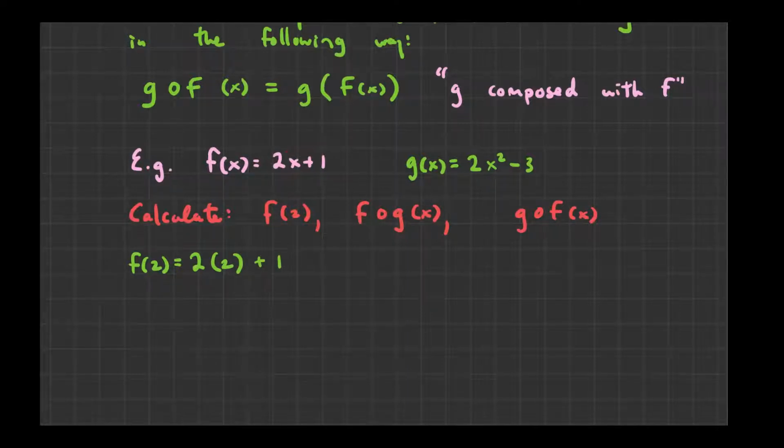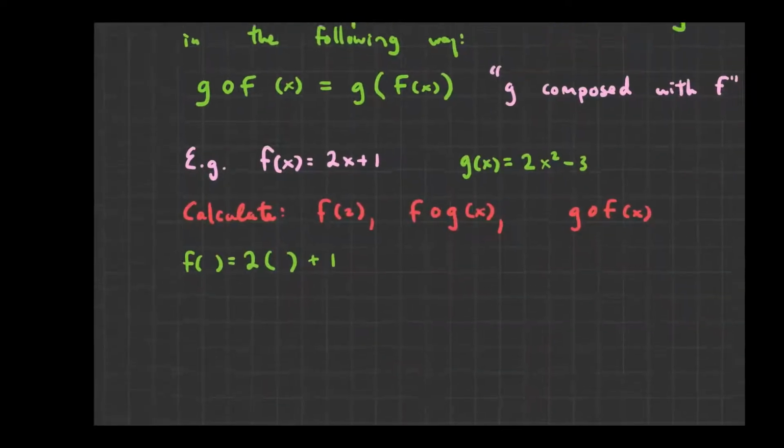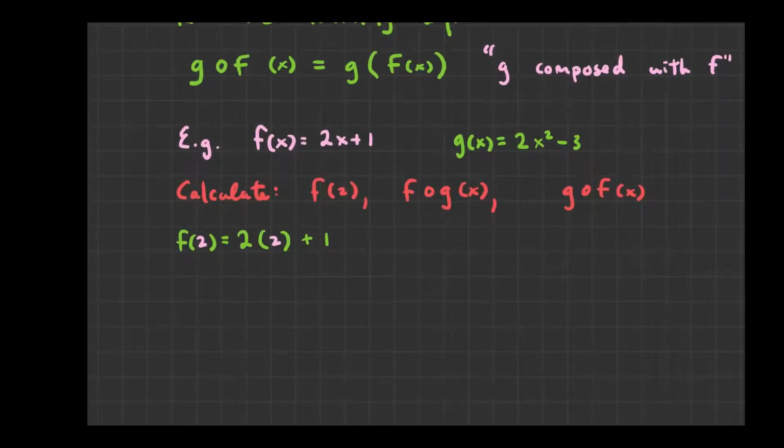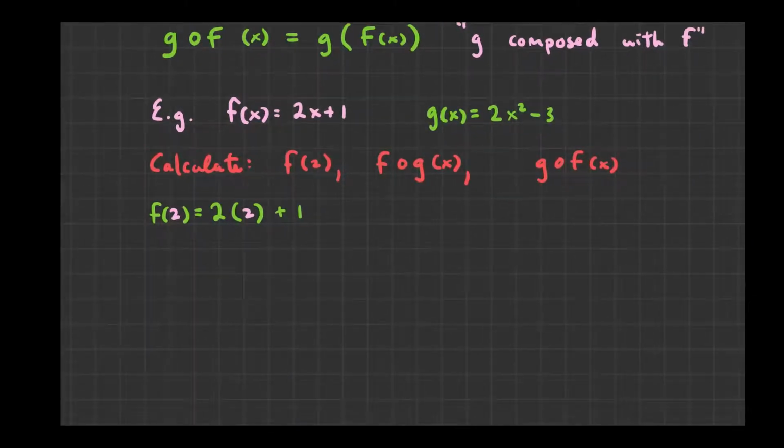I try to use different numbers as often as I can so we don't get confused, because now you might be thinking, is that 2 this 2? Well, no. I'll color code it. So f of purple 2 is 2 times purple 2 plus 1. That's where that 2 is from. And that's of course equal to 5.